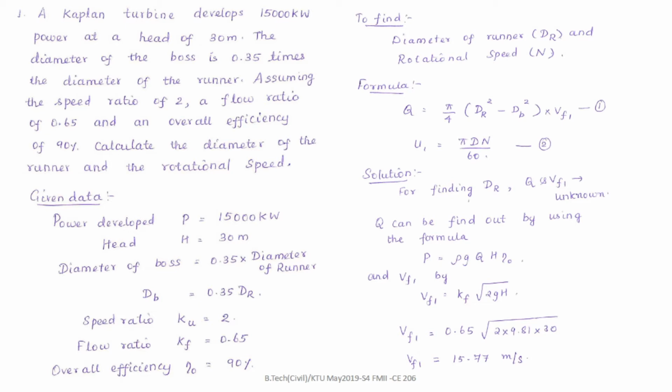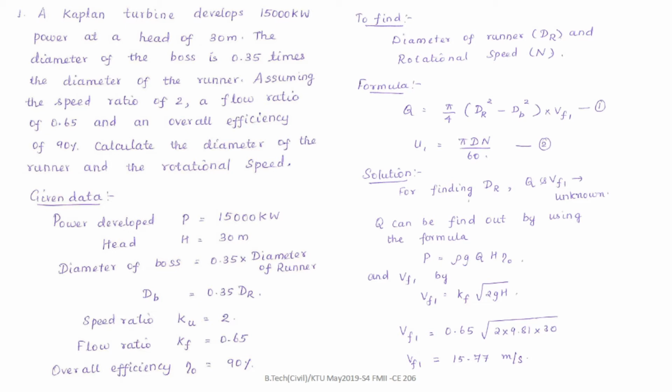Come to the solution. So here for finding DR, we must know all the other terms. Okay, here what is the formula? Q is equal to pi by 4 (DR square minus DB square) into Vf1. Here DR is what we have to find. So whatever the other things, we must know the Q value, DB value and Vf value.